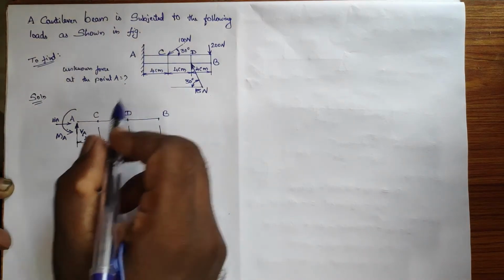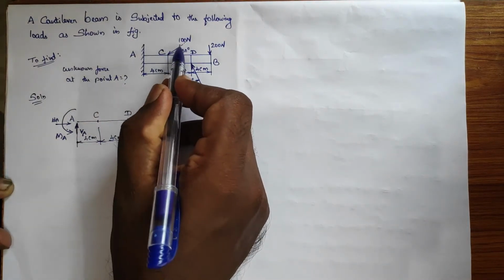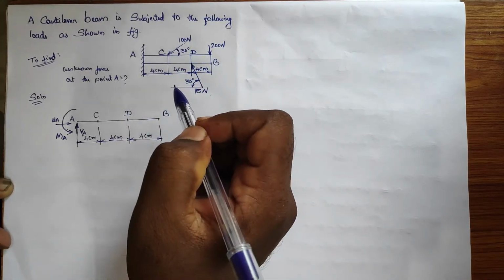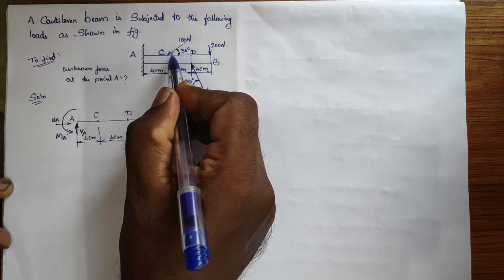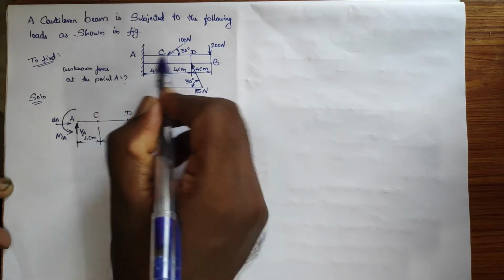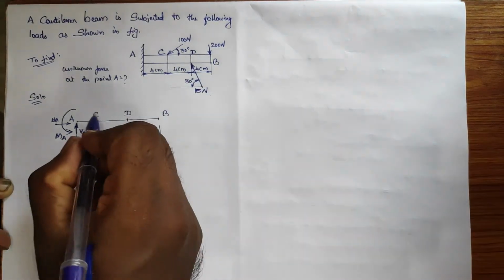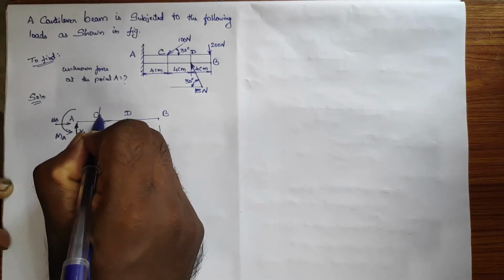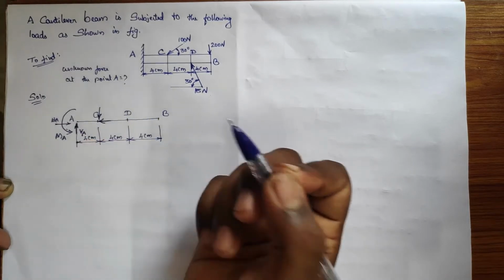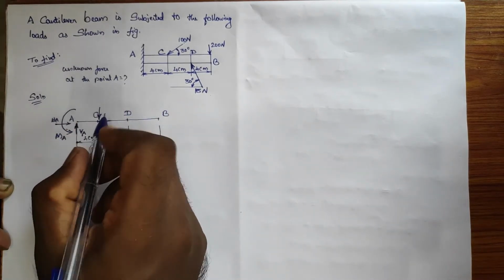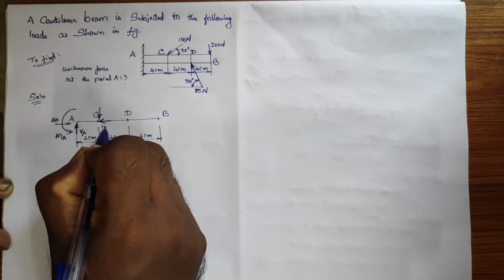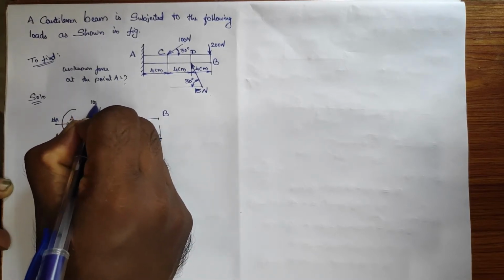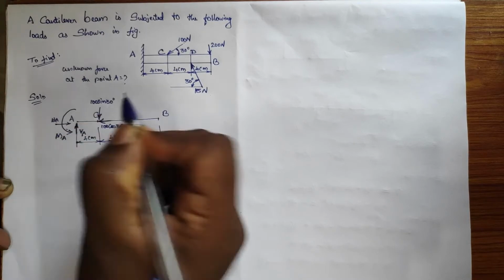Next, point C. At point C there is an inclined force of 100 Newton, partially horizontal and partially vertical. I can say this force moves horizontally towards the left and vertically down. Can you agree? So I can designate it as 100 cos 30 degree for horizontal and 100 sin 30 degree for vertical.